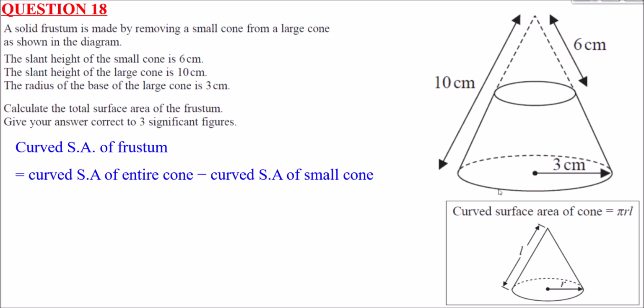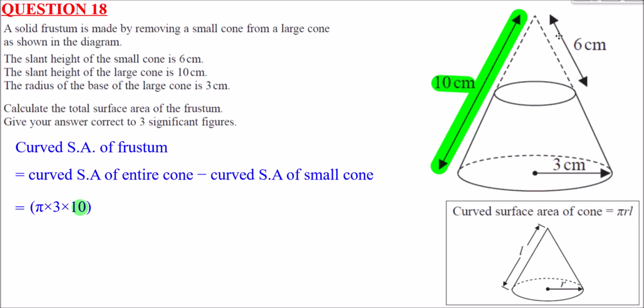So, for the large cone, pi is obviously pi, radius is 3, and the slant height, L, is this 10 here. For the small cone, we're told the slant height of this is 6, this one here. So, the curved surface area of the entire cone would be pi times 3 times 10, because the radius of the entire cone is 3, and the slant height was 10.